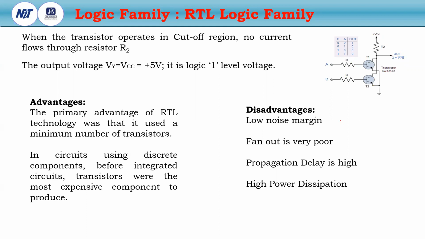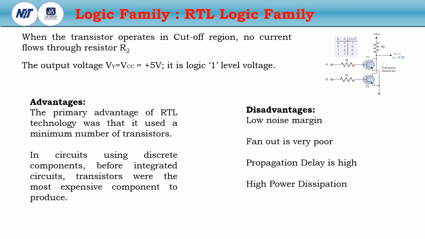The primary advantage of RTL technology was that it used a minimum number of transistors, and in circuits using discrete components before integrated circuits, transistors were the most expensive component to produce. Here we use resistors and transistors.